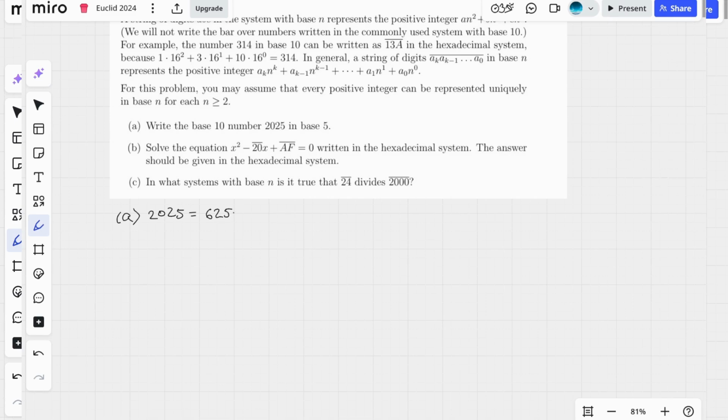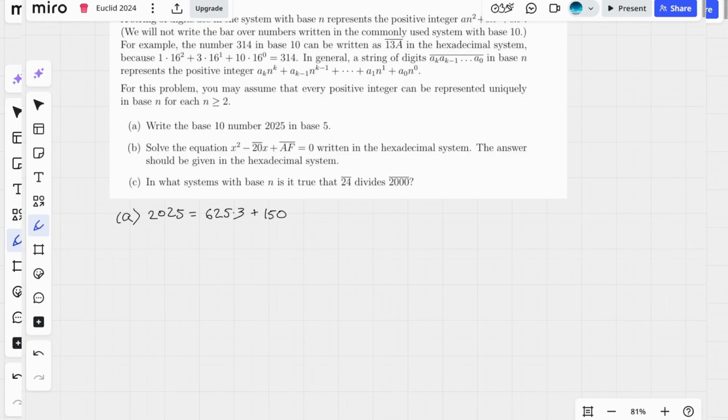So we know that 625 times 4 is 2100, which is greater than 2025, but 625 times 3 is less than 2025 because it's like 1875, right? And so 2025 would be 625 times 3 plus 150.